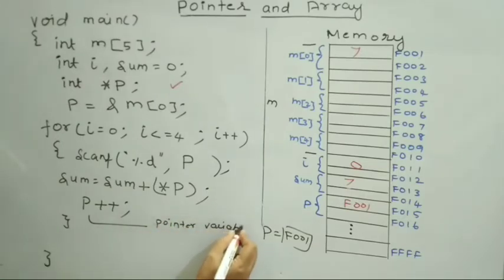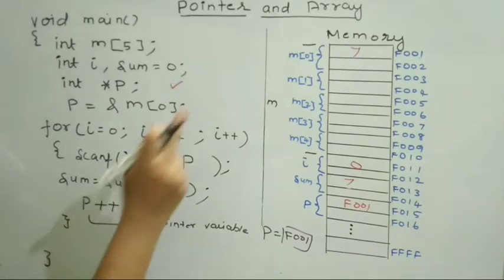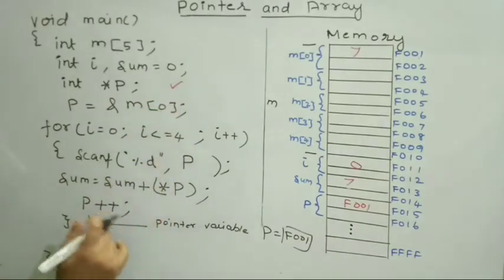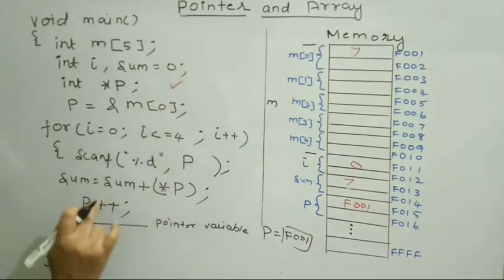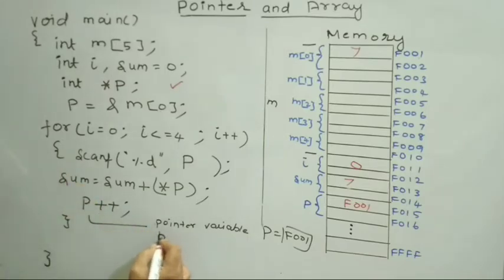If I increment the pointer variable, it can be incremented, but an incremented pointer variable cannot be decremented. So I am incrementing the pointer variable to hold the address of the next element. It will not increment the pointer variable by 1 but by 2.